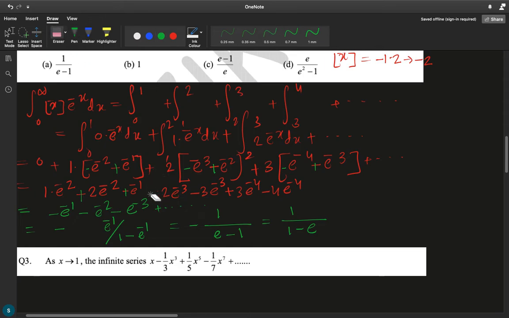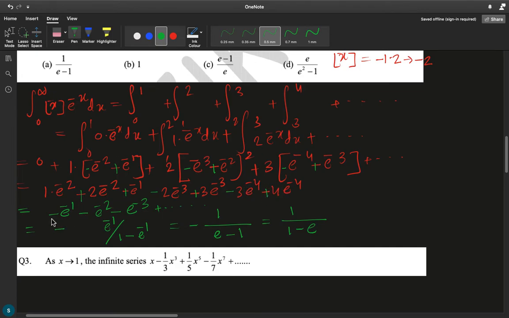The 2 times minus 3 and 3 times minus 3 will be plus, and again this 3 will be minus, and this will be plus.